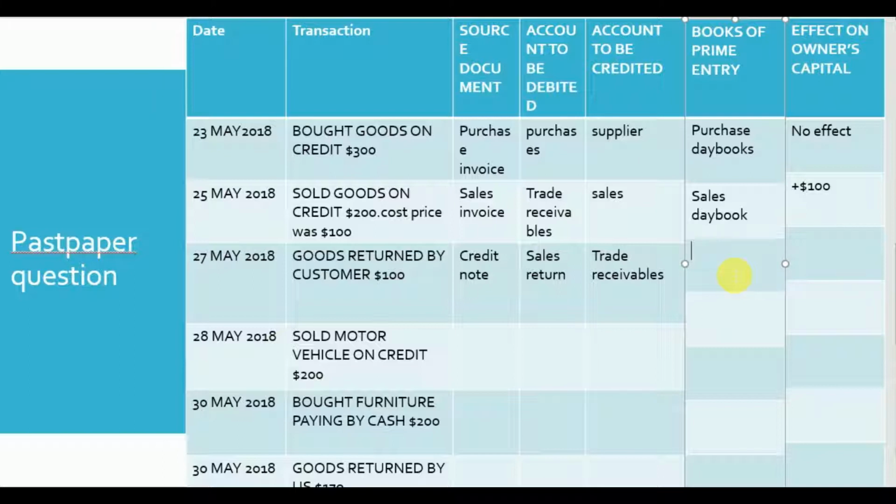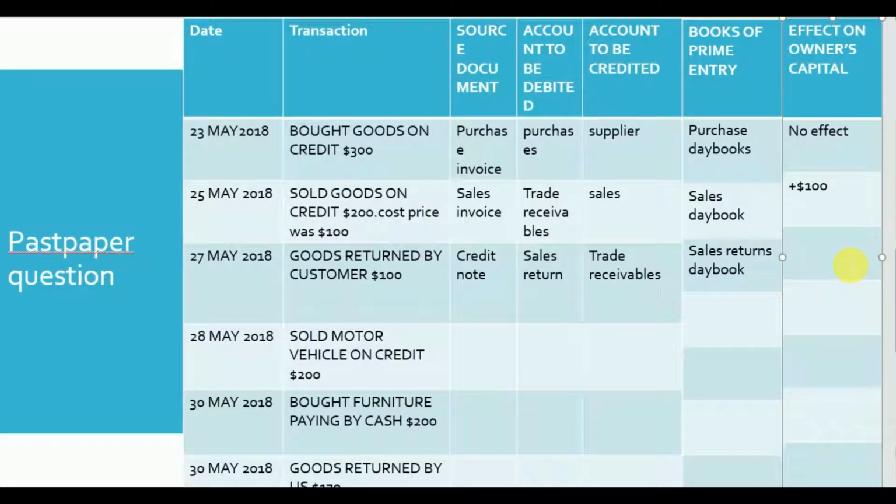Books of prime entry, obviously the sales return daybook. Okay, the amount would be goods returned by customer. As you all can see that we were having 100% profit, as the cost was 100 and we were selling it at 200, so we have 100% profit.